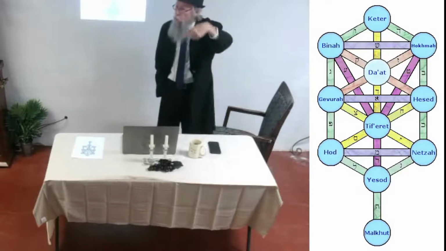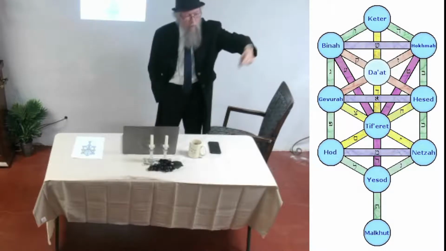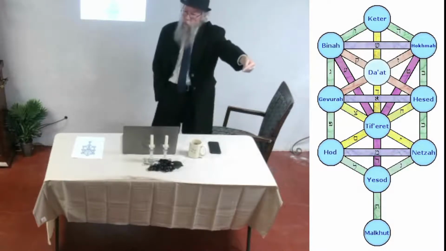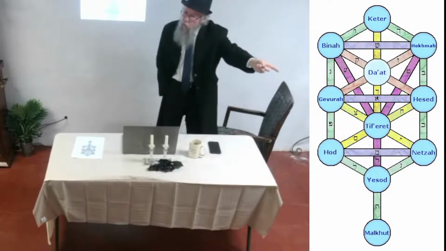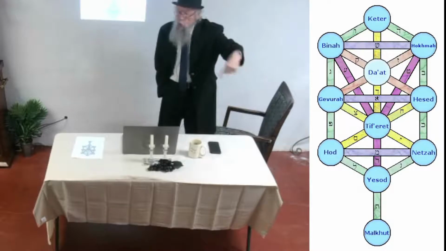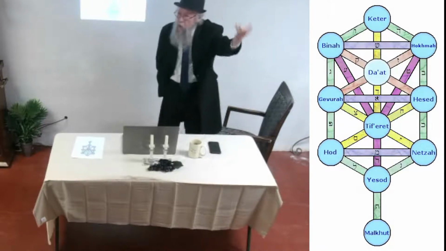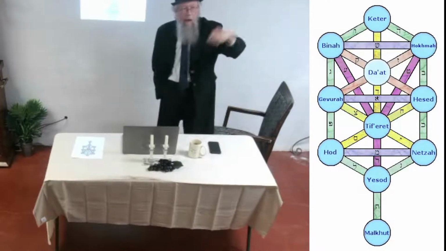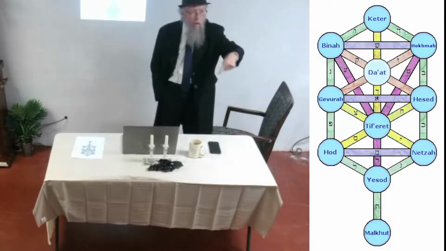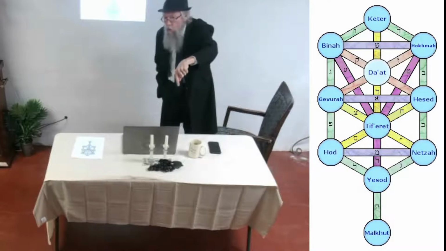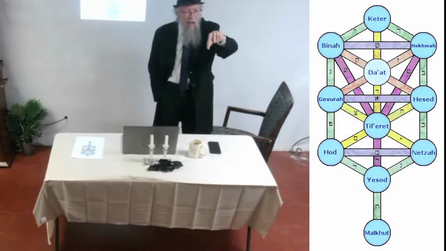We'll get into Aleph Bet classes soon enough. The letters are the numbers are the letters. So Aleph is 1, Bet is 2, Gimel is 3. But Aleph and Bet equal Gimel.